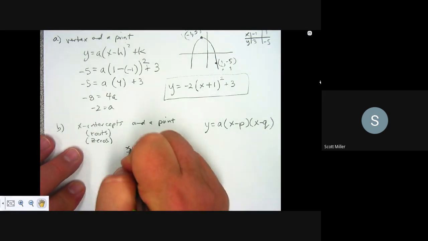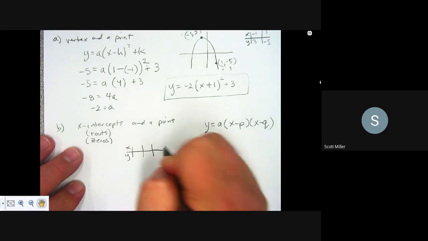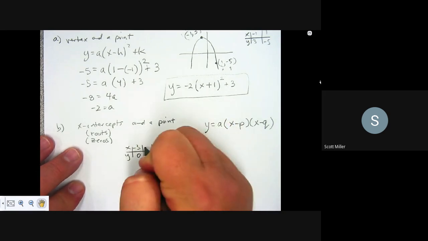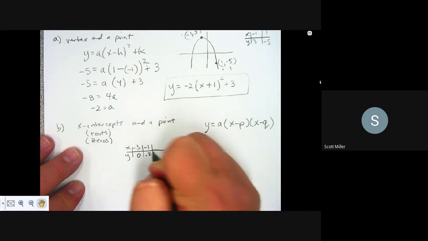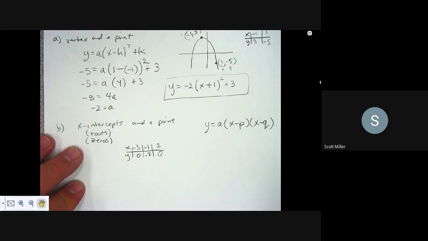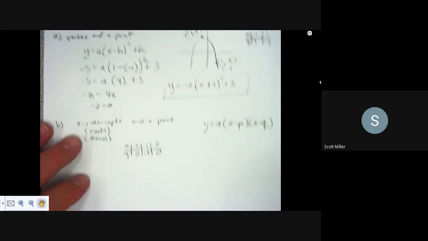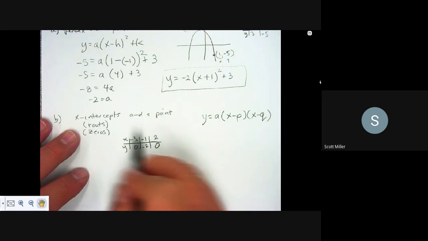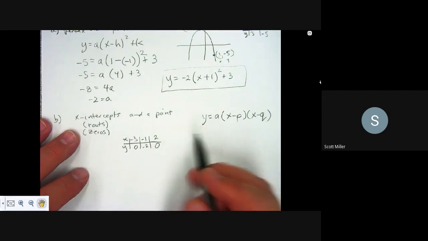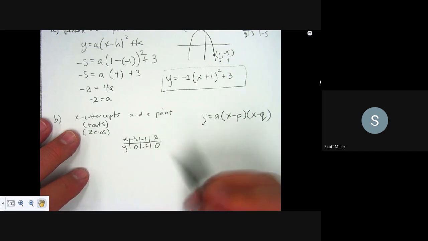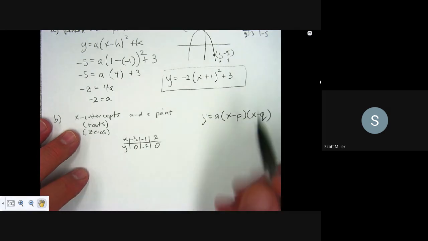I give you x and y, and I tell you that we have negative 3 is 0, negative 1 is negative 2, and 2 is 0. This shows you that those are the zeros or the x-intercepts. So that means that is p and that is q. And I use that x, y point to find the a. So let's plug all these things in and find a.